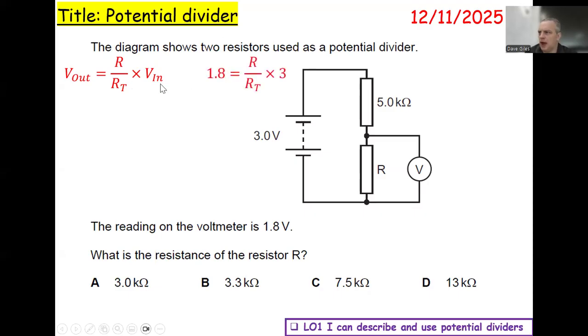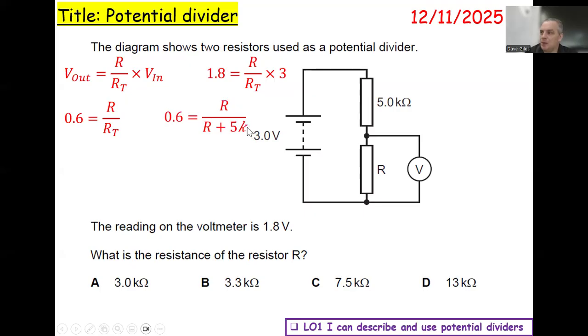Put my numbers in. V out is 1.8, equals R over RT times 3, the supply. I can take the 3 over to the other side, so I get 1.8 divided by 3, which is 0.6. I can then change RT to R plus the 5K.